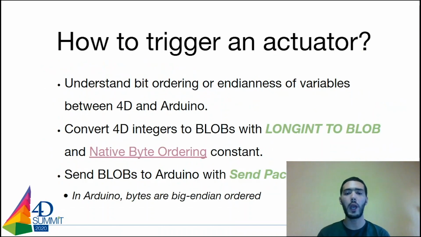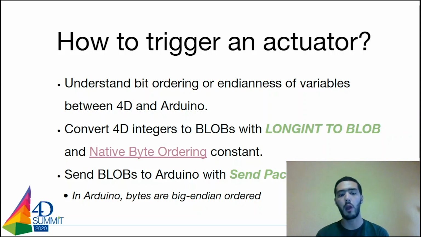So, how do we actually trigger an actuator? How do we actually turn on a LED? How do we actually turn on a servo motor? The first thing necessary is to understand the bit ordering or endianness of the communication of variables between 4D and Arduino. In this case study, we had to convert 4D integers to blobs with the command long int to blob, and the constant native byte ordering.